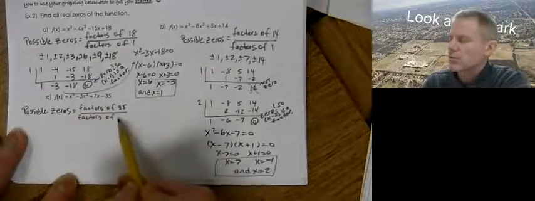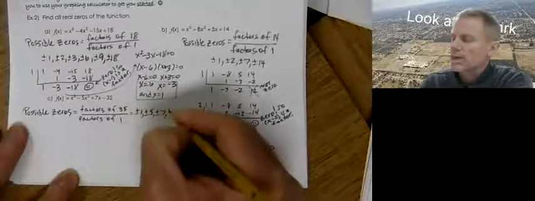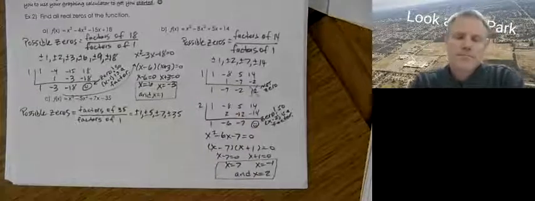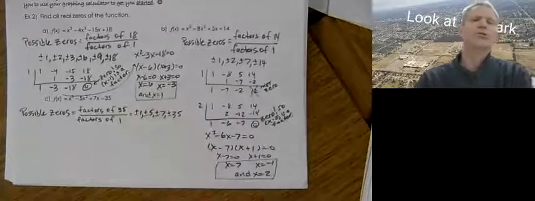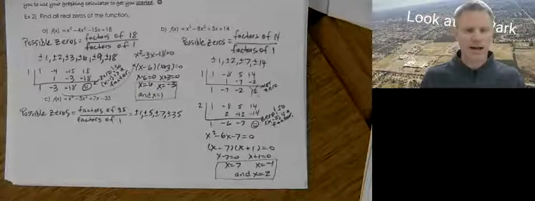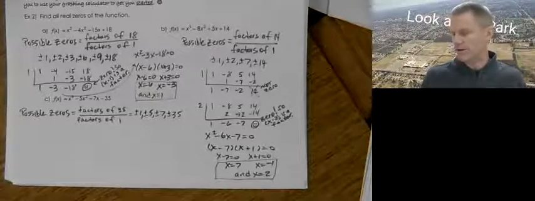So that's going to be 1. So our possible zeros are going to be plus or minus 1, plus or minus 5, plus or minus 7, and plus or minus 35. Those are our possible zeros. Those would be the smart places to start trying to figure out our answer.